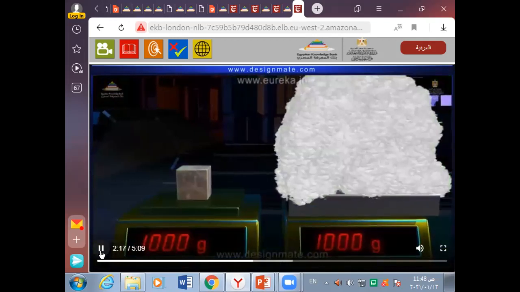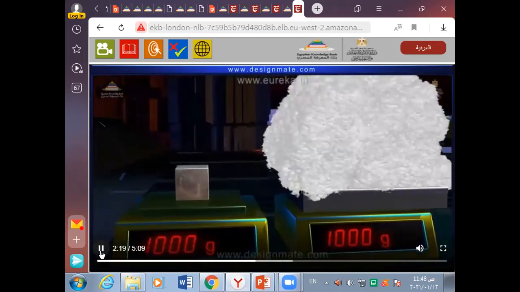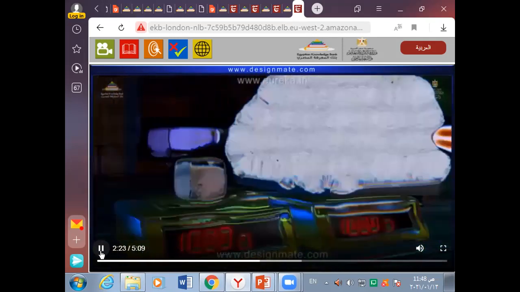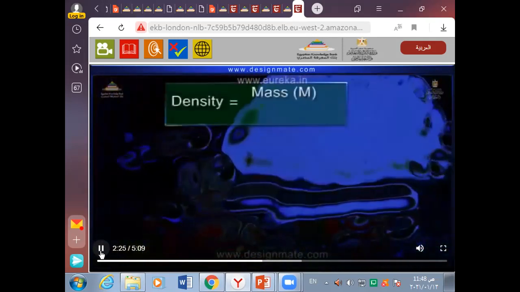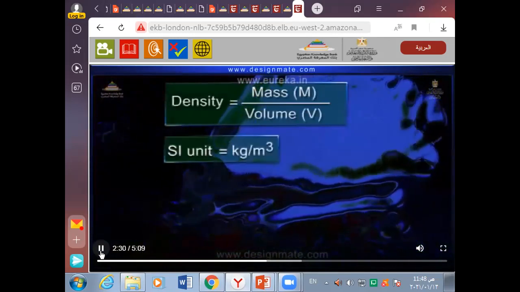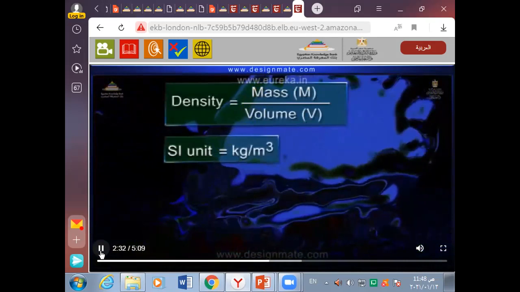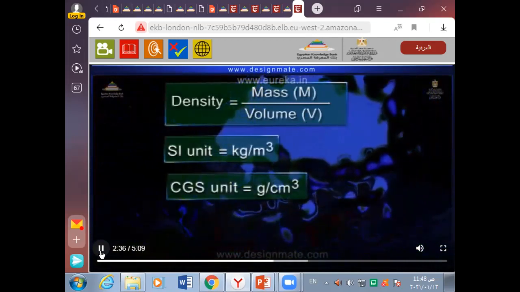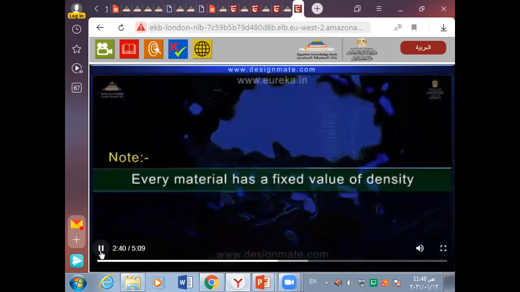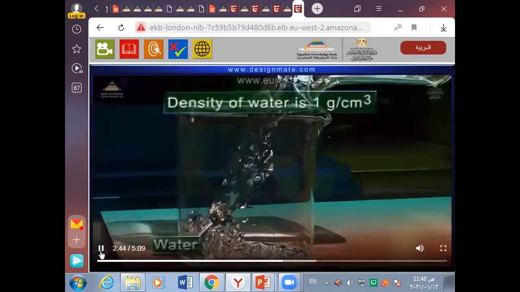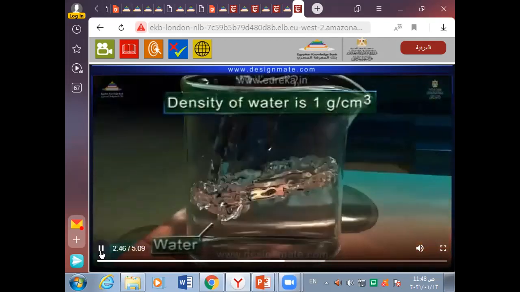Due to this reason, equal masses of iron and cotton occupy different volumes. Mathematically, density is equal to mass M upon volume V. The SI unit of density is kilogram per meter cubed, and CGS unit is gram per centimeter cubed. It should be noted that every material has a fixed value of density. For example, density of water is 1 gram per centimeter cubed.